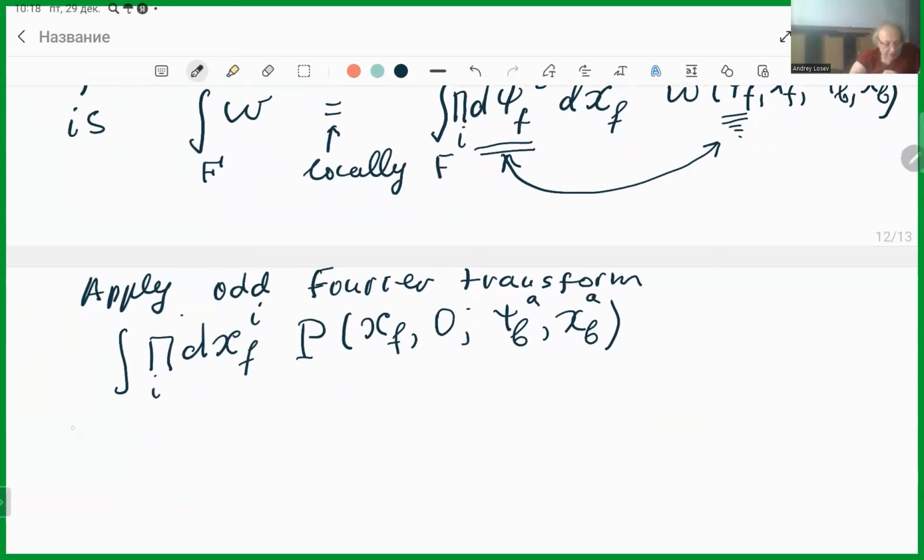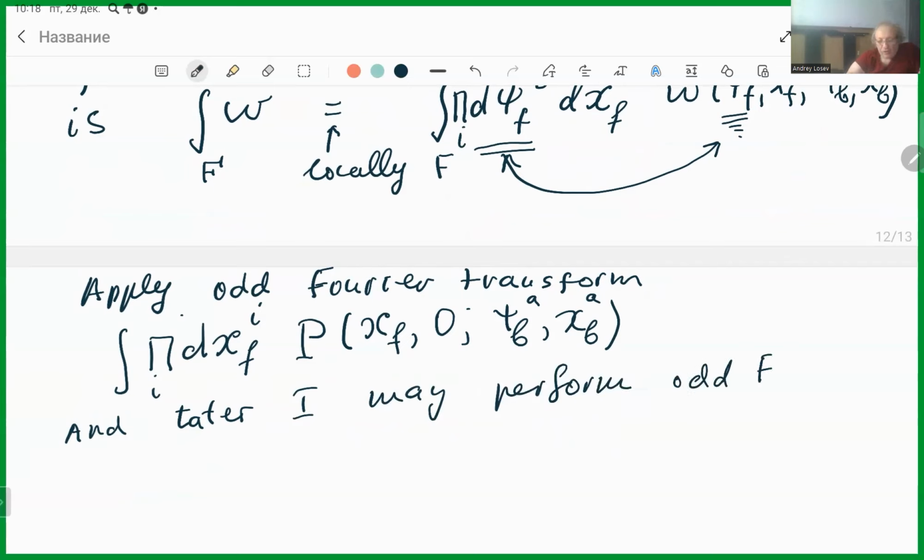And later I may perform odd Fourier transform on the base. That I am not going to do right now.